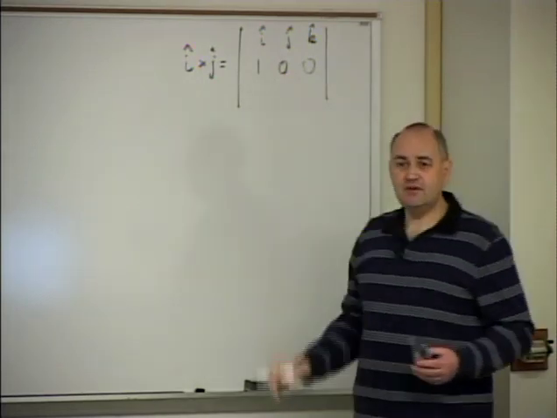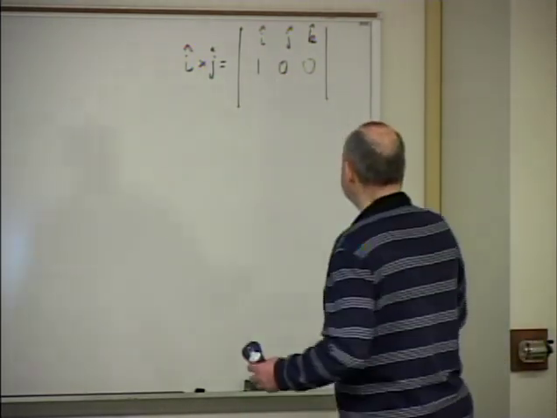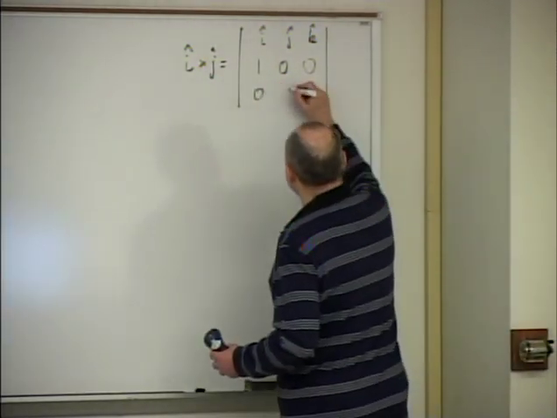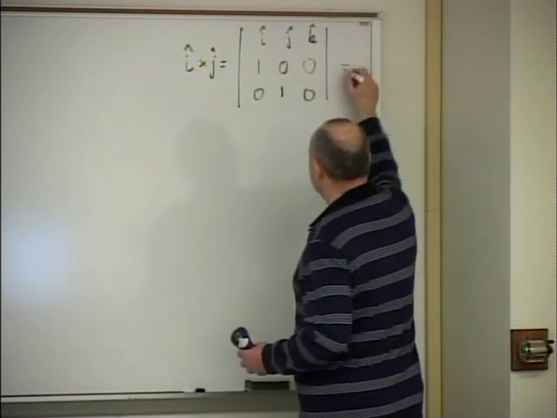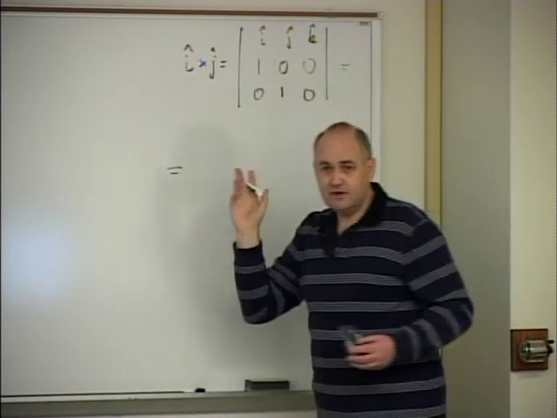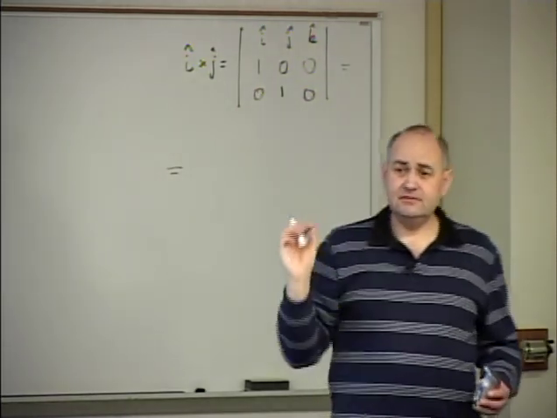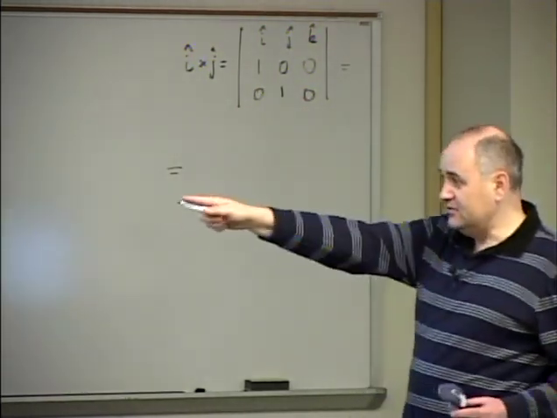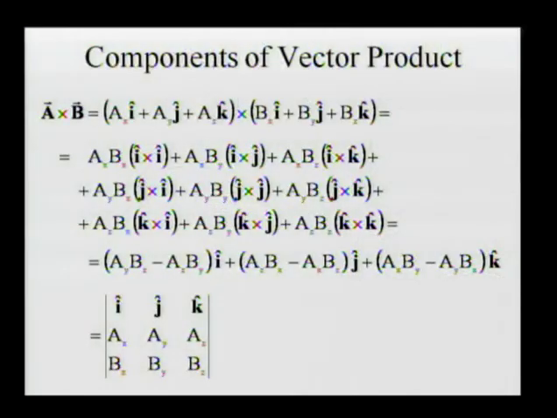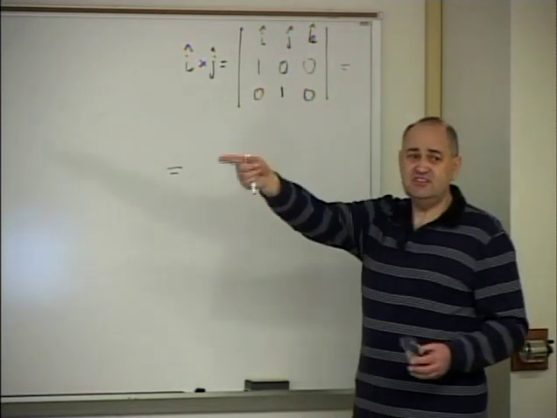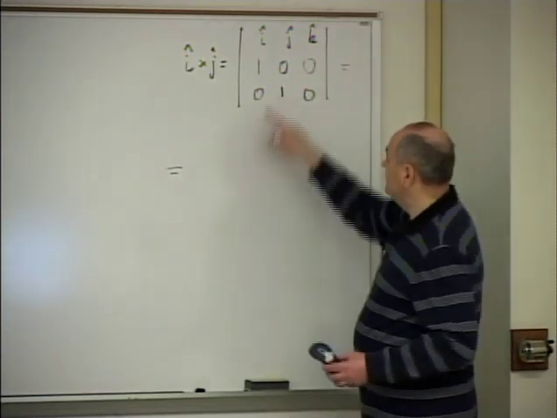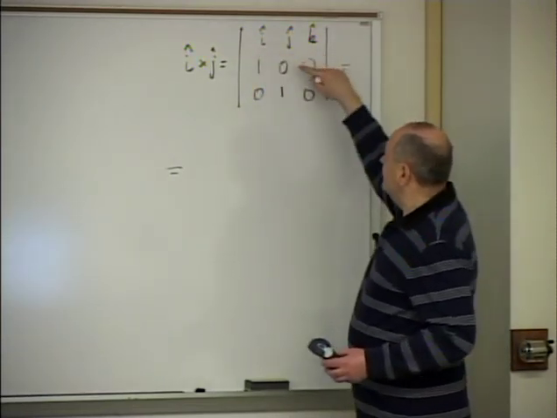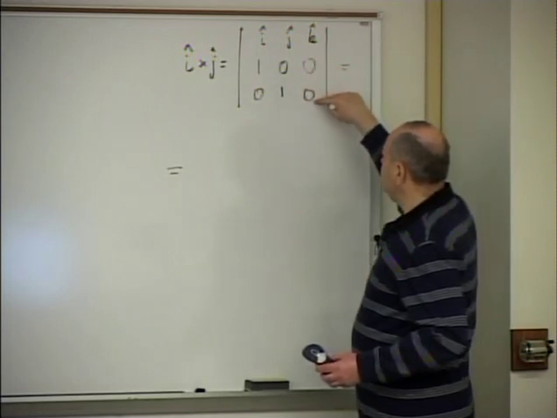What should be the third row? 0, 1, 0. All right. Those of you who know how to calculate determinant, you can think it in your mind. Now I will use the row above. The row above says that the first term next to i has product of 0 times 0.